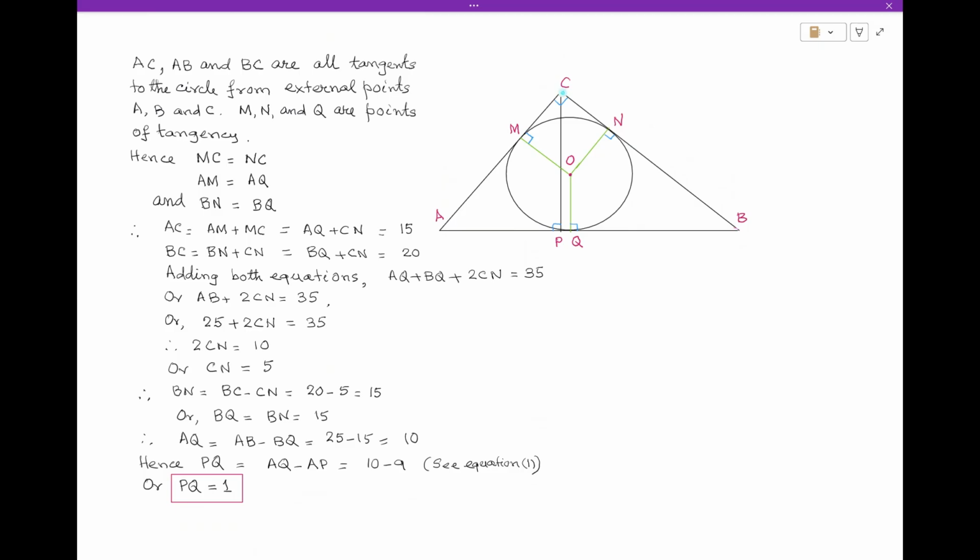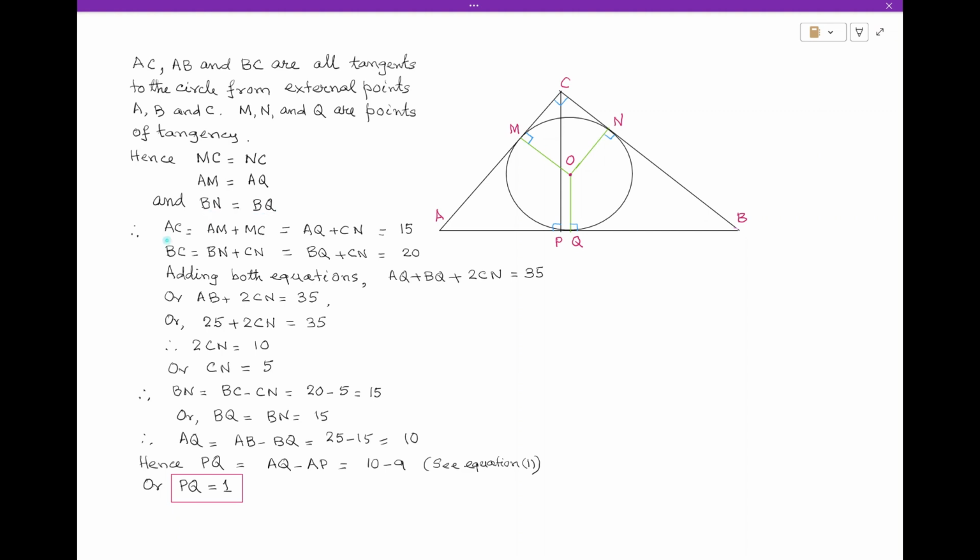Now, CM and CN are tangents drawn from the same point C to the circle. Therefore, CM is equal to CN. Similarly, tangents AM and AQ drawn from A to the same circle are also equal. Finally, the two tangents drawn from B, that is BN and BQ, are also equal.